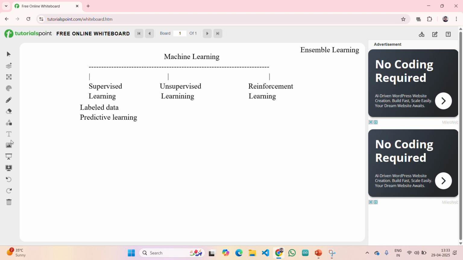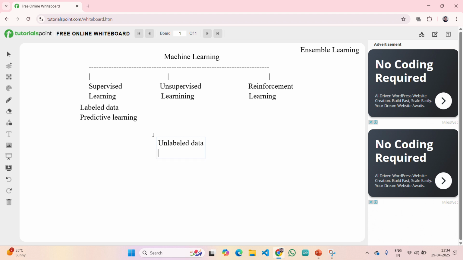Now, similarly for unsupervised learning, let me drag it here separately. For unsupervised learning, the input data which we are going to use is completely unlabeled data. What we mean by unlabeled data is that it will generate some patterns or structures, and based on the patterns we will separate the data, like clustering, and those are all part of unsupervised learning.